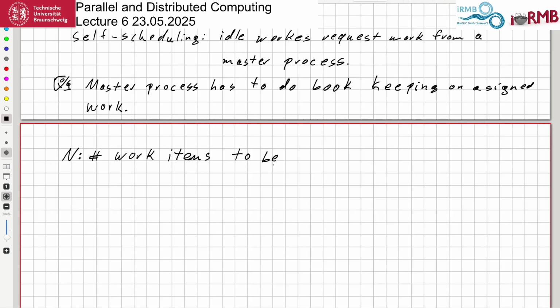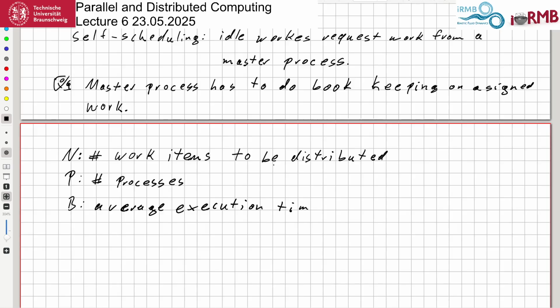So we determine that n is the number of work items to be distributed. P is the number of processes. B is the average execution time of a work item.